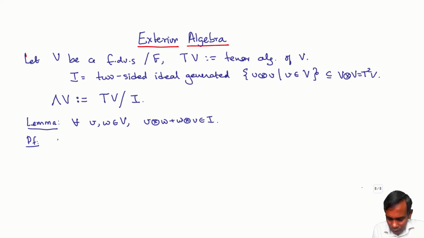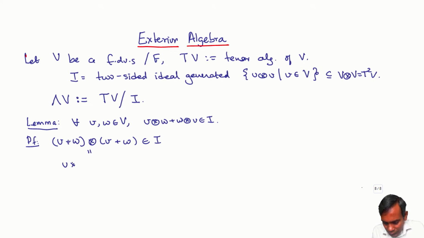So if you take v plus w tensor v plus w, that's obviously in I by definition of I. It's some vector tensored with itself. But then this is equal to v tensor v plus v tensor w plus w tensor v plus w tensor w.